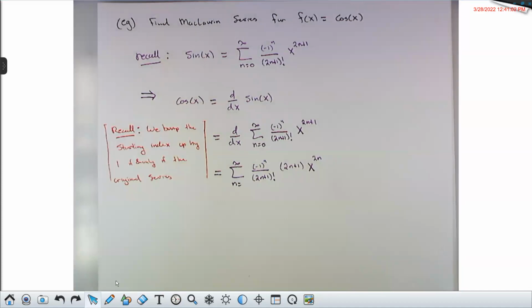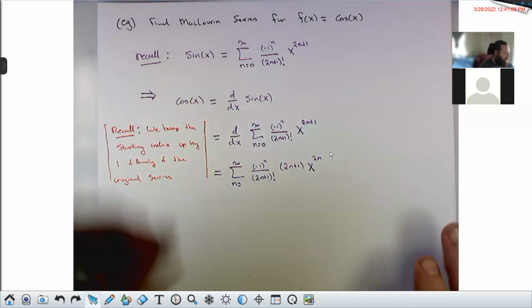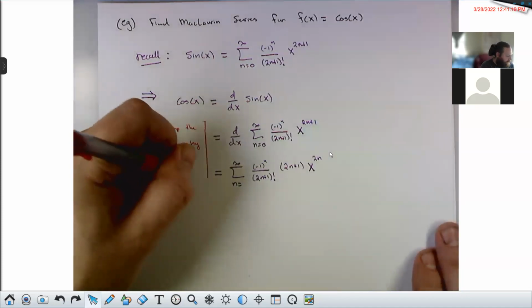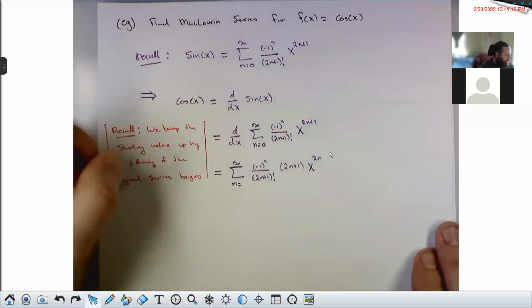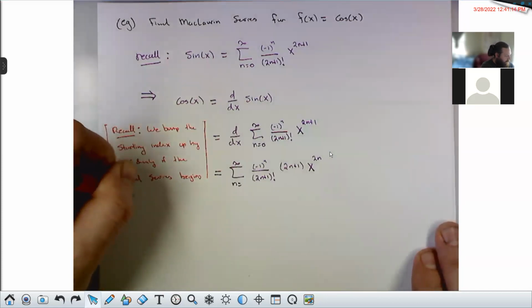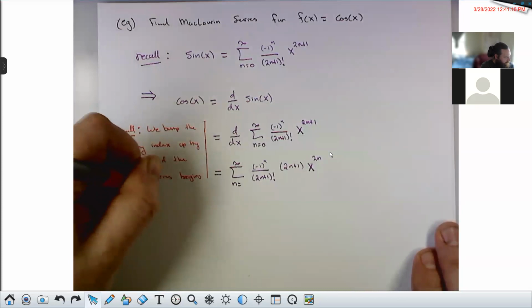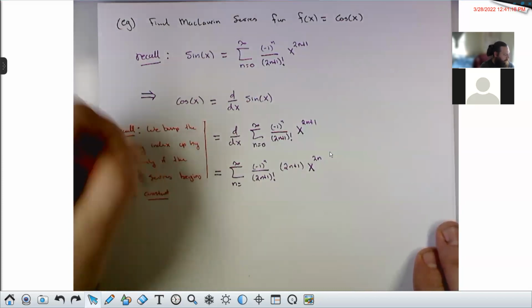Very good, if the starting term is constant. So we bump this up to a 1 if and only if the starting term for this series is constant, if and only if the original series begins with a constant term.